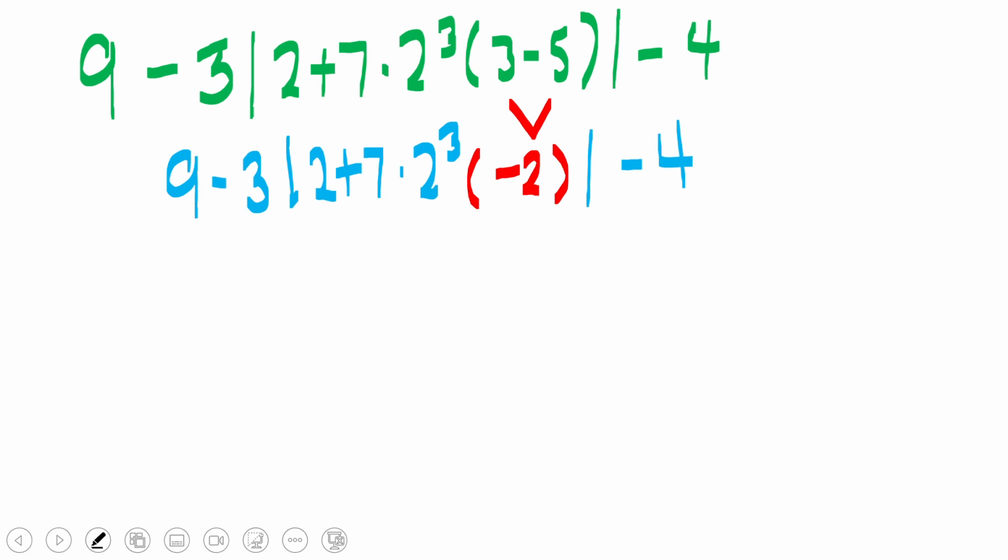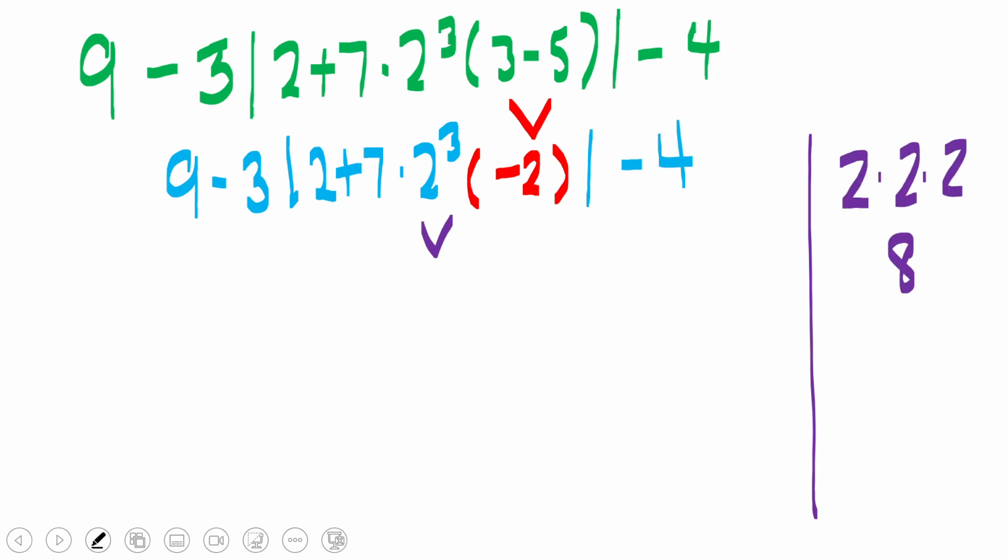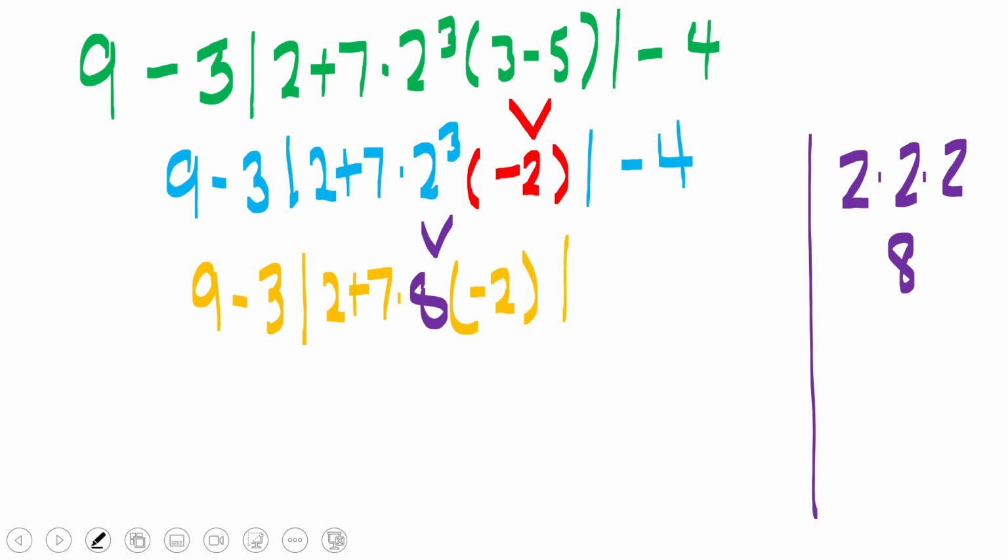We're going to say 2 to the third power. 2 times 2 times 2, that's 8. So we're going to rewrite everything that we have not worked around working just that exponent.